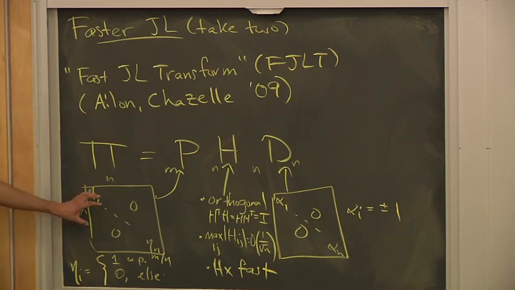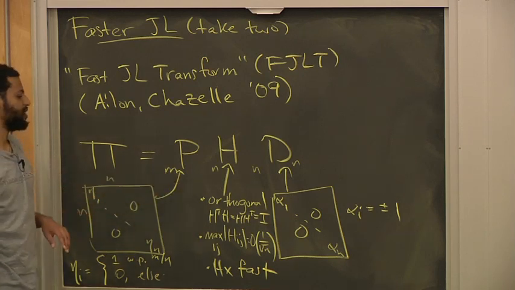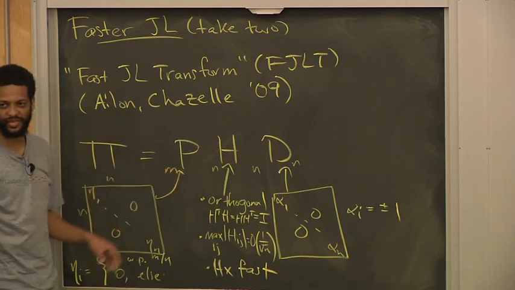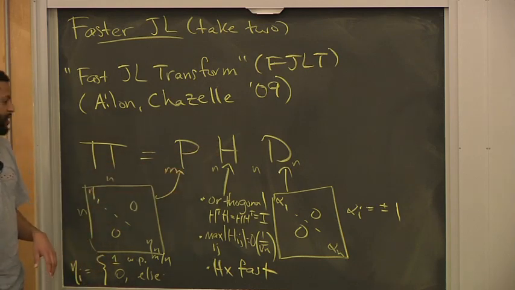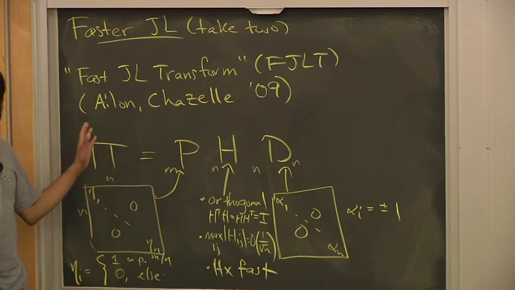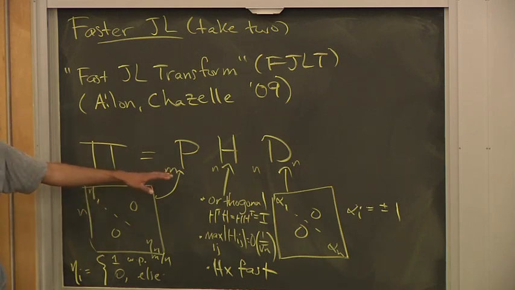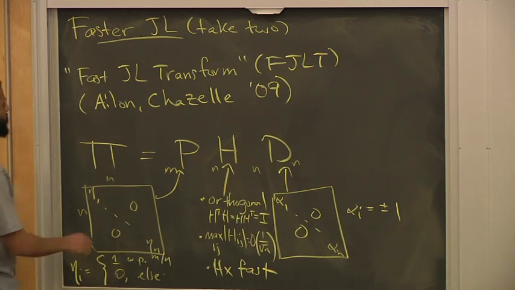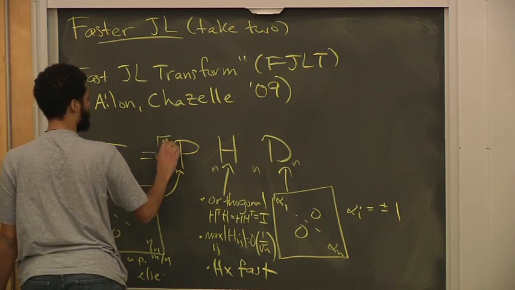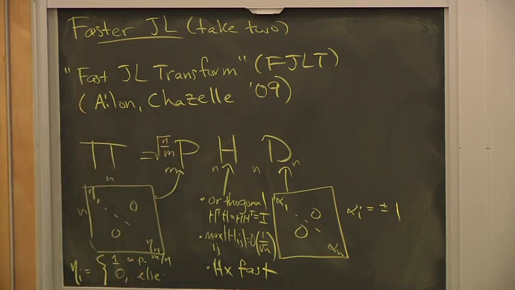So P selects out, in expectation, m of the rows of H. The number of rows is a random variable. That's not really important. I'm just doing it because it'll make writing down the analysis a little simpler. You could also just sample exactly m rows from H. That's also fine. Technically, I also need to scale this by the square root of n over m to get the right scale.